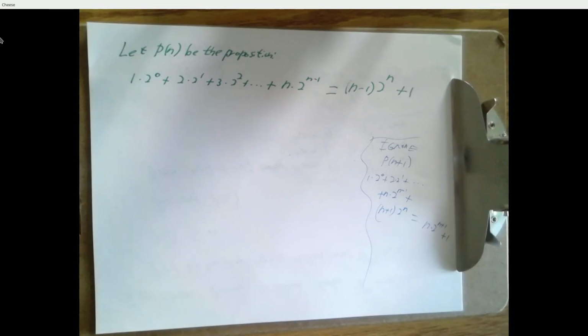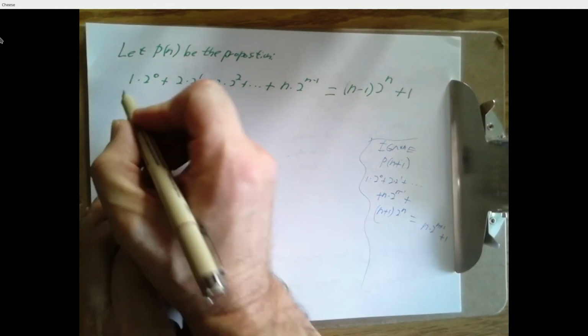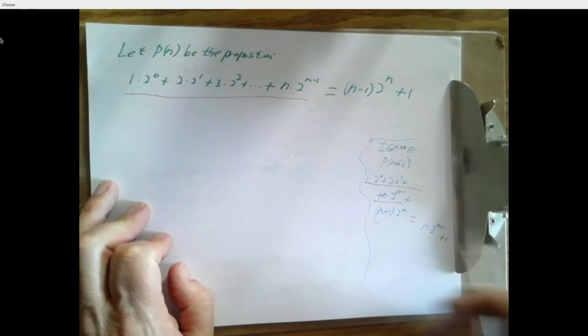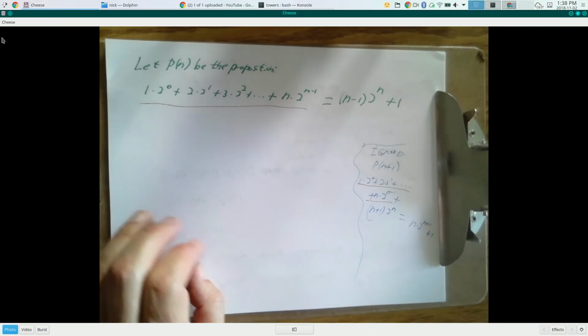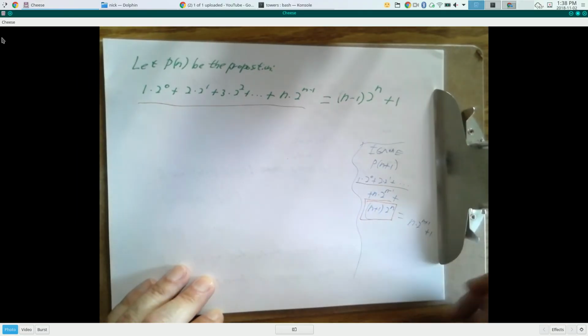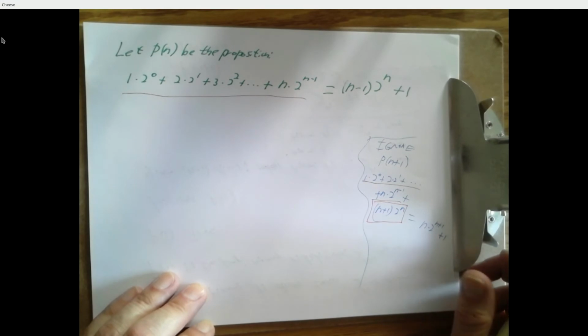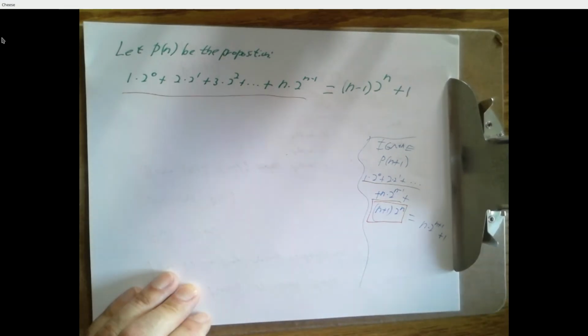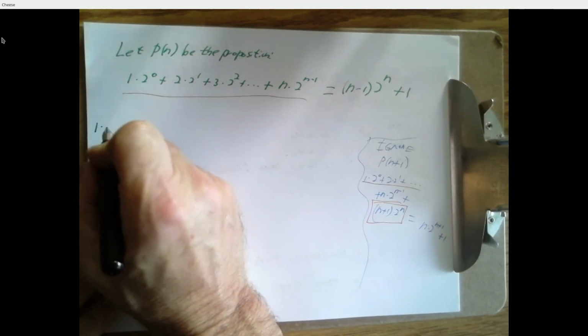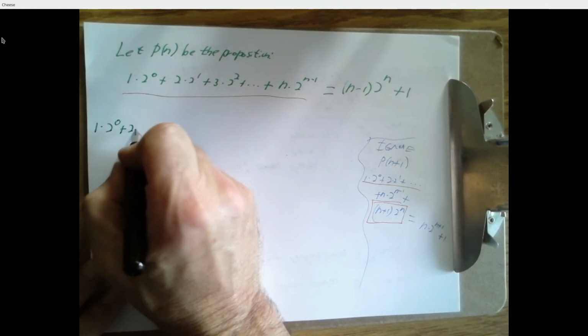The simplest first stab is, well, this is the same as this. So what if we were to just add one more thing? Just add that new term. If we add that to both sides, then we still have a true statement.